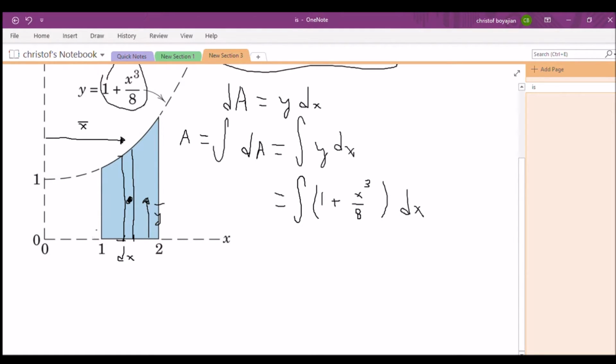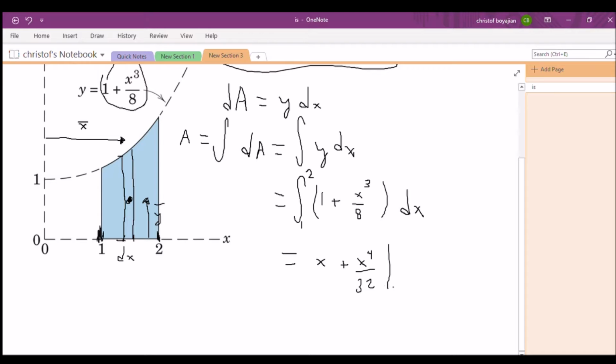We start from 1 and we go all the way to 2. This is our beginning point, and this is our stopping point. Great, so we have our bounds, and we have everything in terms of one variable. We can go ahead and solve for this area. So let's integrate. We're going to get x plus x to the 4th over 32.